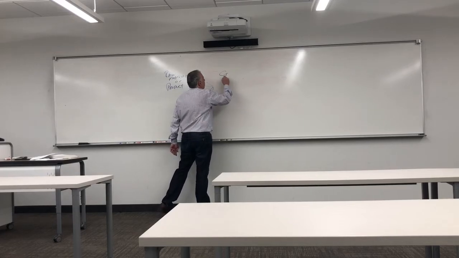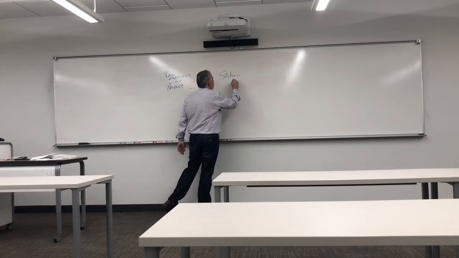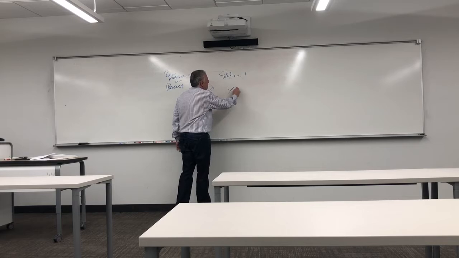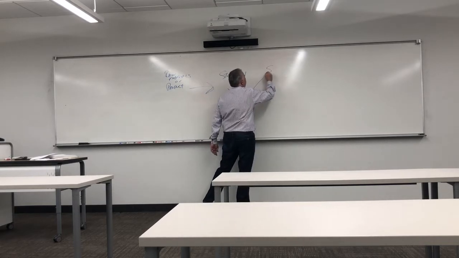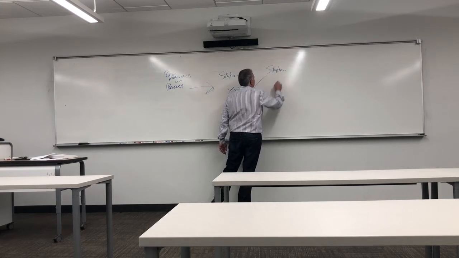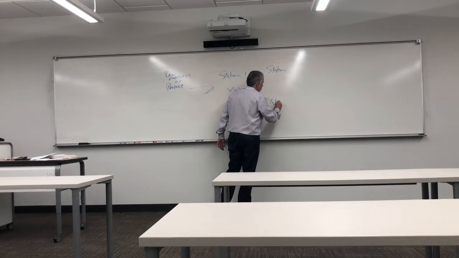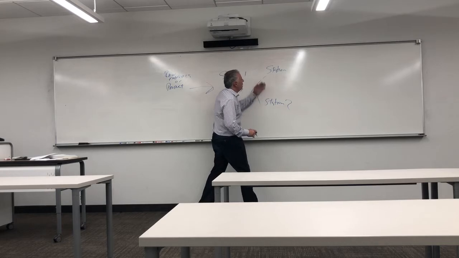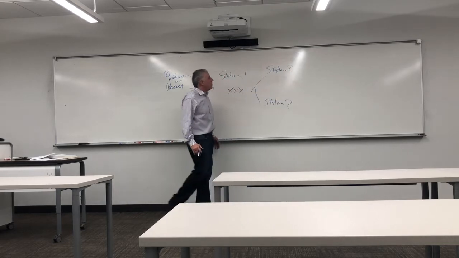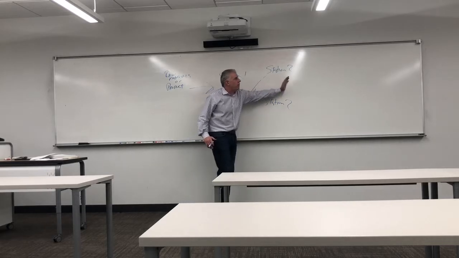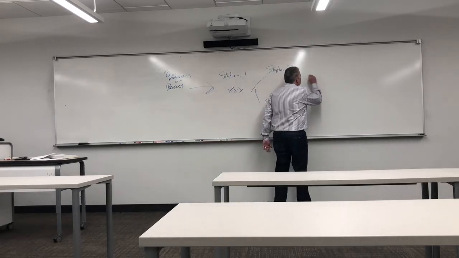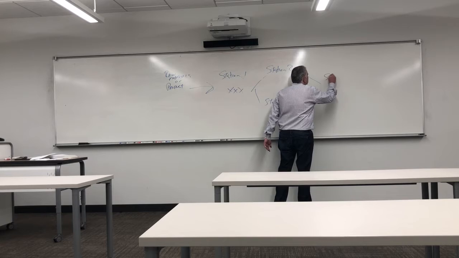And you've got station one, some work's being done here, and then it gets sent to a couple of different places, station two or station three. Maybe there's two station two machines. So half the product goes here, half of it goes here. They do whatever they need to do, and then it all ends up over here at station three.